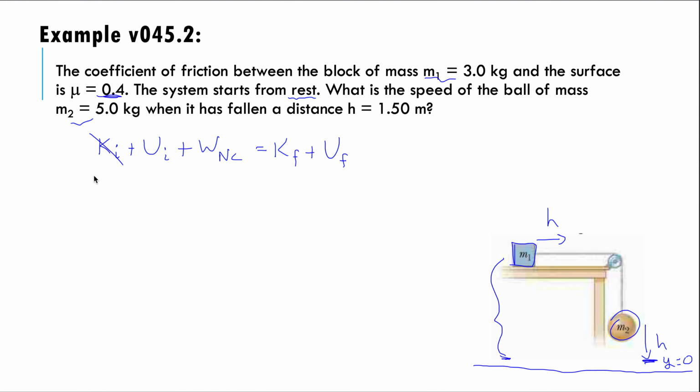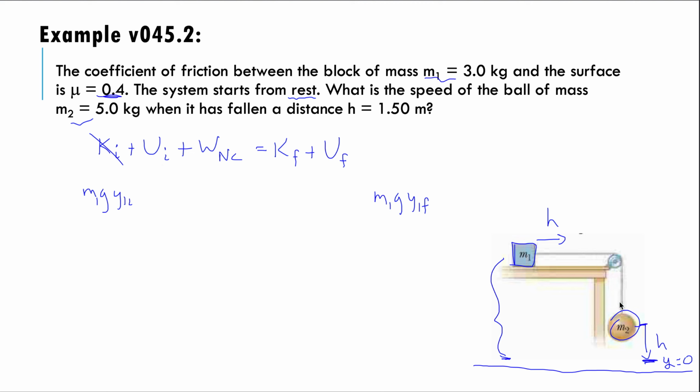So we can say that U1 initial, which is M1 g y1 initial, is going to be the same as M1 g y1 final. So we don't really care what that height is because those two energies are going to cancel out anyway. But let's look at mass 2 here.